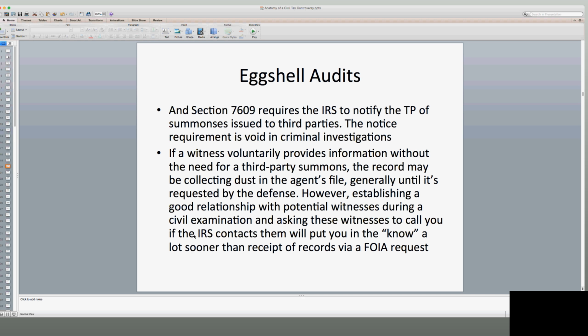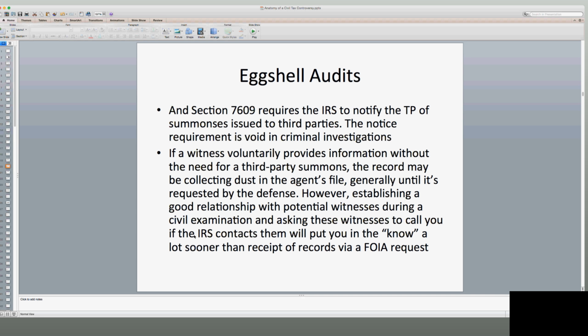And so what happens in cases like that is that statements or information provided by these voluntary witnesses may be sitting in a records room collecting dust in the agent's file, generally until it's requested by the defense. However, by establishing a good relationship with potential witnesses right from the get-go during the civil exam and asking these witnesses to call you if the IRS contacts them, that'll put you in the know a lot sooner than receipt of records via a FOIA request.